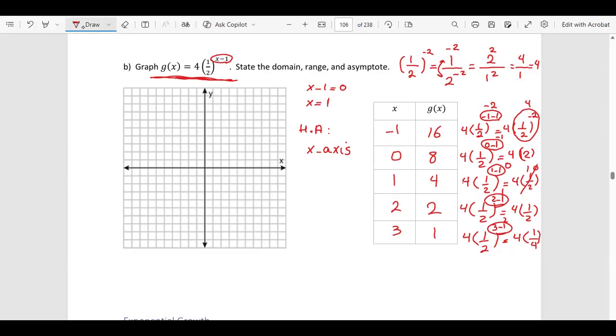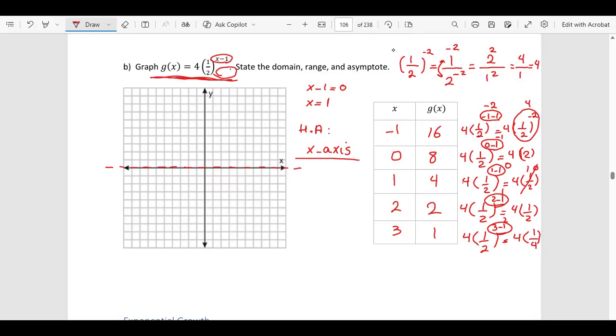Do we have any vertical shift? No, because there is no number adding or subtracting from the function. So if there is no vertical shift, the horizontal asymptote is still the x-axis. So I will graph a dotted line to remind me not to go through or touch this line.